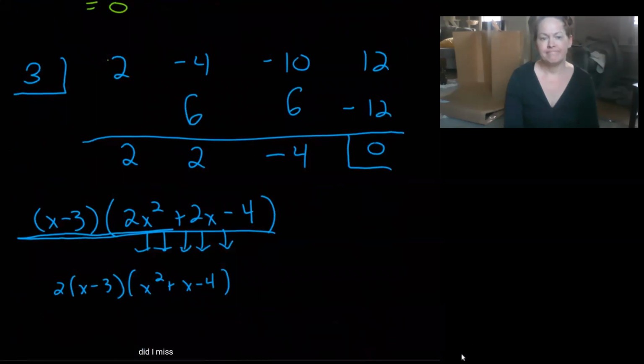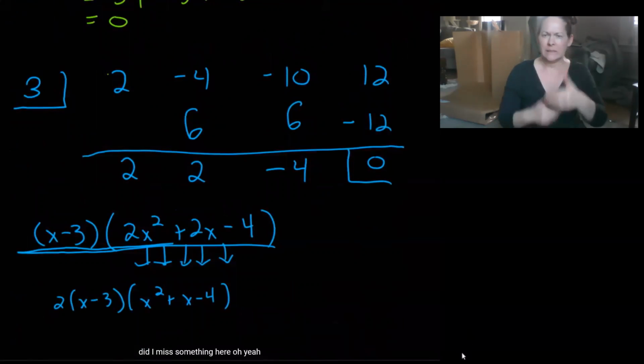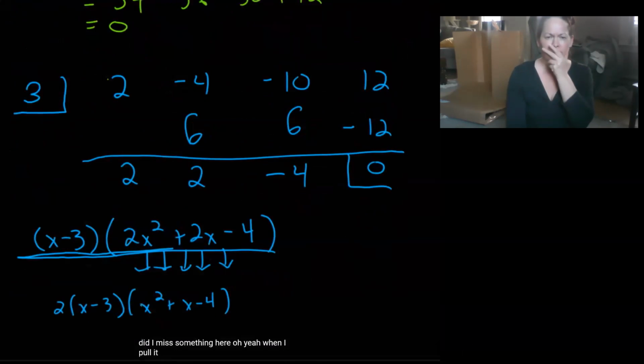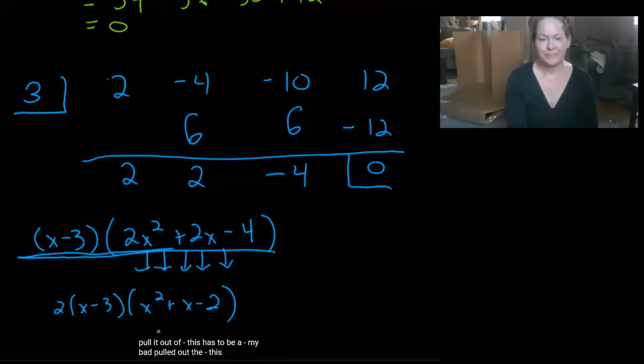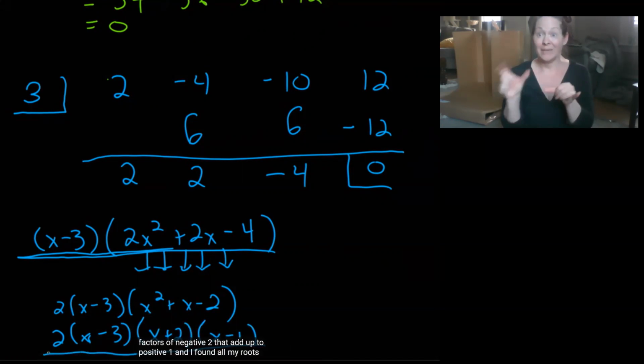Did I miss something here? Oh yeah, when I pulled out a 2, this has to be a 2. My bad. I pulled out the 2, this becomes 1, 1, and negative 2. Well, I have factored quadratics, x minus 3, factors of negative 2 that add up to positive 1, and I found all my roots.